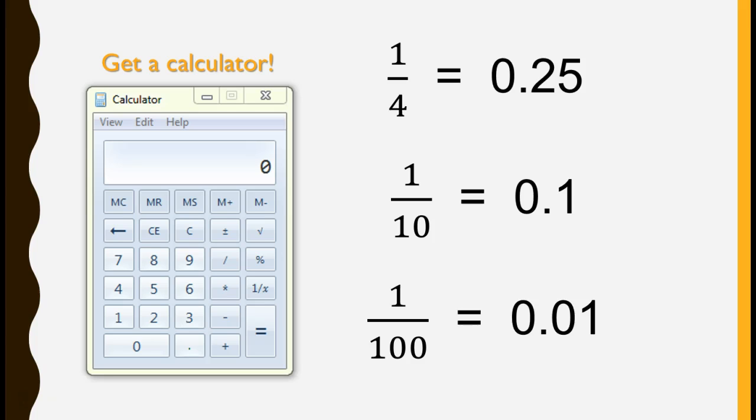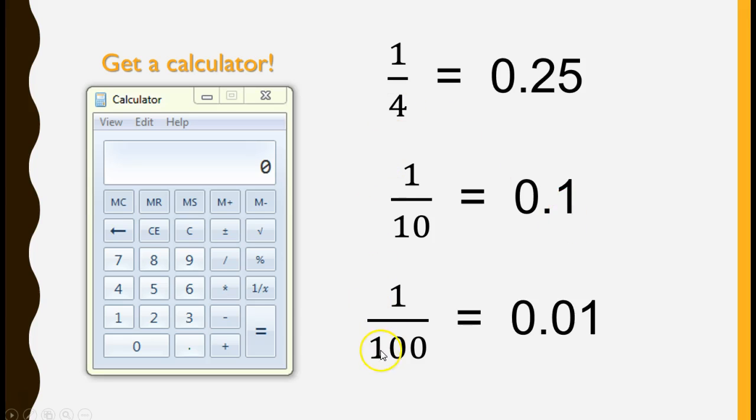And sometimes when you're talking about parts of things, it's more appropriate to use a decimal. And the perfect example that I can think of is when you're talking about money. You would never say or write that you have 1 1/4 dollar. You would use that decimal and you would say $1.25.